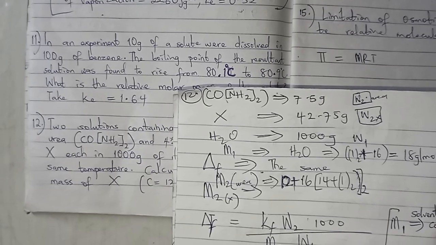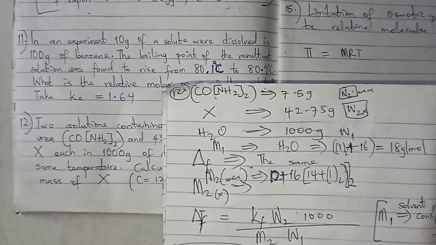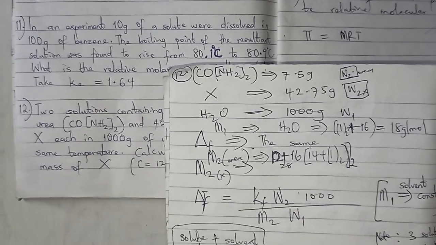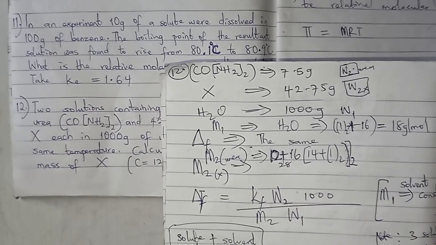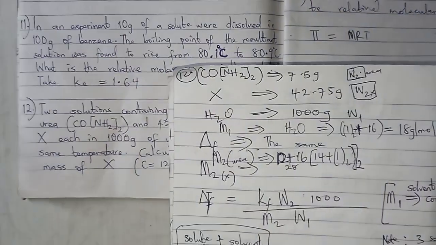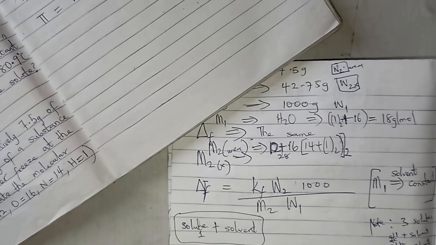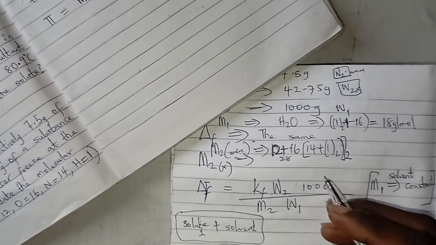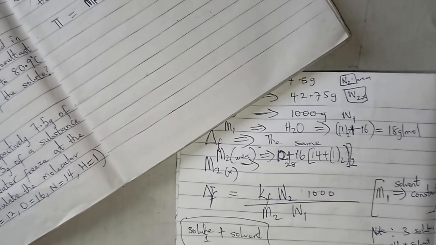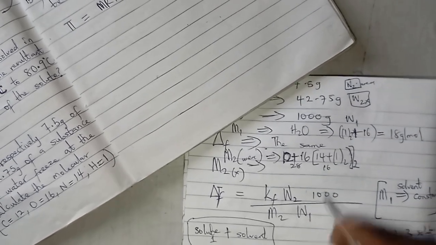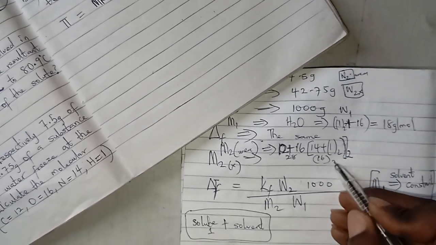I have 12 plus 16, 28. Then I have 14 plus 2, 16, and everything is getting multiplied by 2.